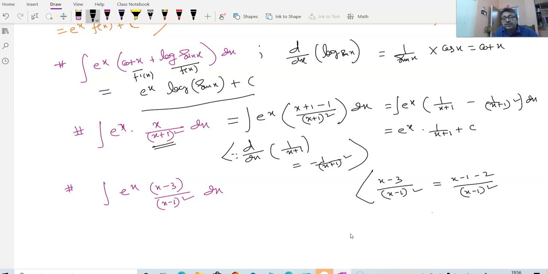So this is changed to (x minus 1) by (x minus 1) whole square, that is 1 by (x minus 1) minus 2 by (x minus 1) whole square. So the derivative of this thing is this thing. So you write this as e to the power x.